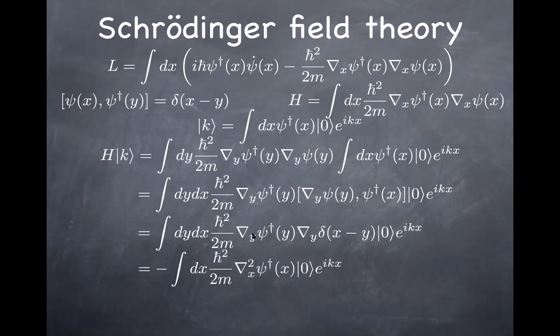Then two powers of the y derivative act on psi dagger. Together with this delta function, which is now free without any derivative acting on it, I can easily do the y integral so that all the y's in the expression turn into x. This is what I get after doing the y integral.